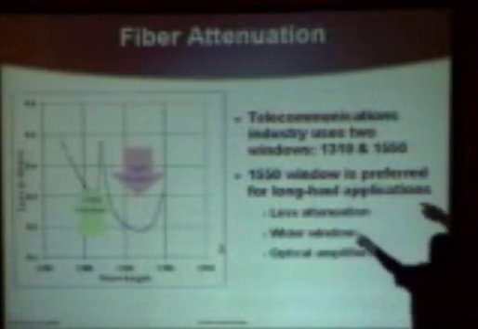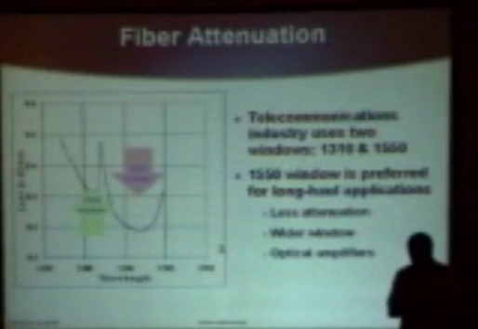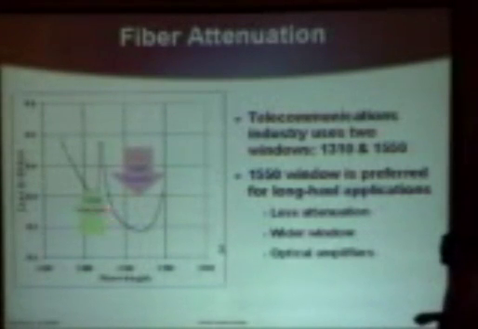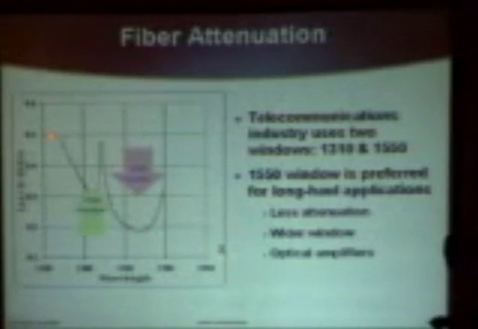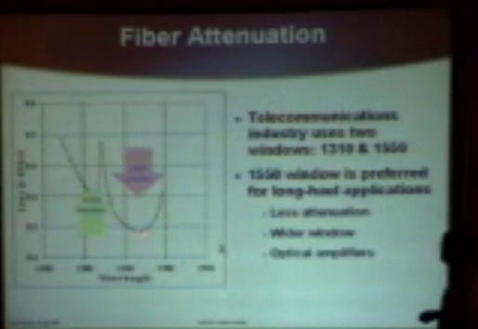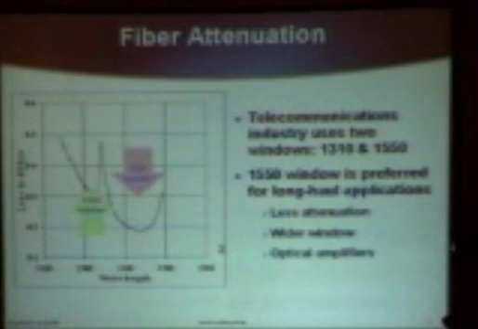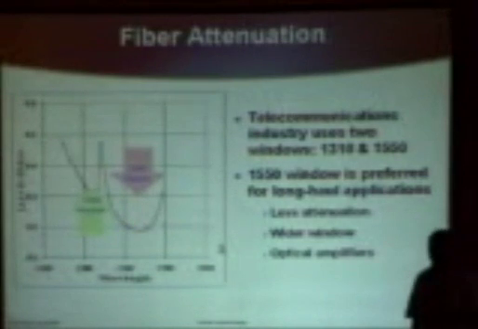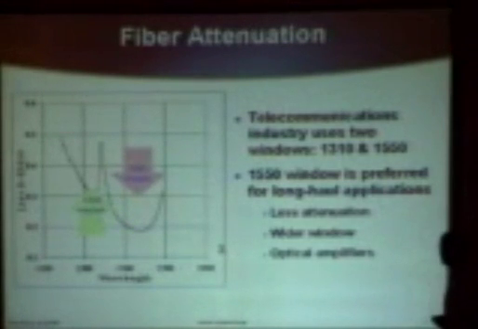This is the absorption curve for fiber, and those 2 windows come about for very physical reasons, that water molecules in glass cause this big spike, and there turns out to be 2 good regions to work at. Now, for long distance, where I'm going to focus, the preferred choice is always the 1550 window because it's about half the attenuation that you get at 1310. And also, as you'll see, at this window, a thing came along called the optical amplifier that really changed the way we put the networks together.